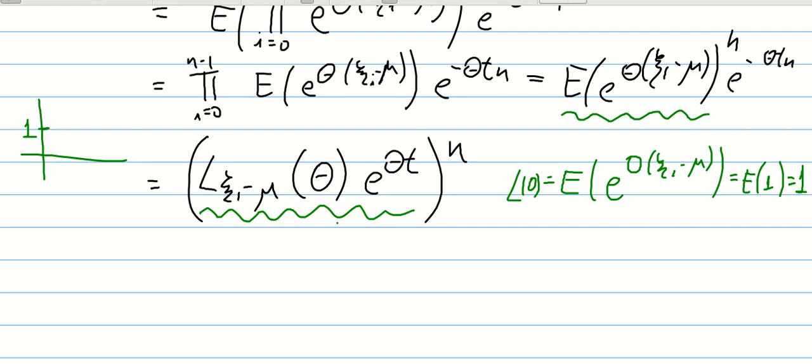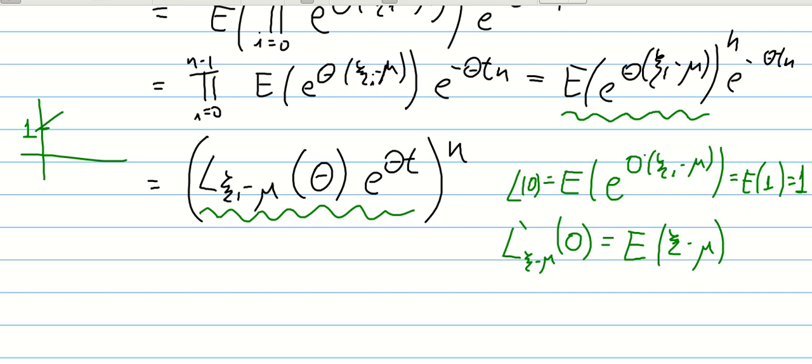Since we're going to take theta small in this application, let's look at the derivative of the Laplace transform at 0. We want to understand how it behaves here. And what we can easily show is that this is just the expectation of the random variable here, psi minus nu. So this is a simple calculation.